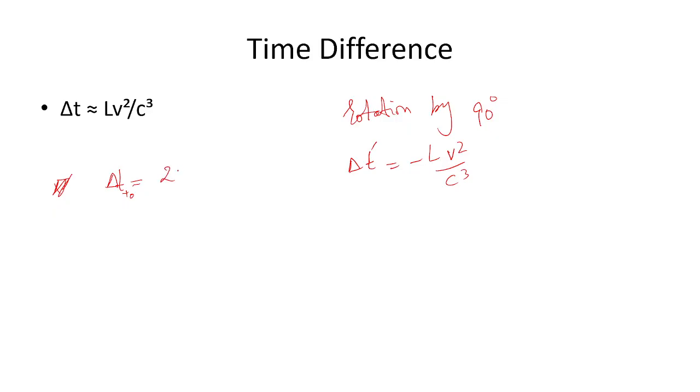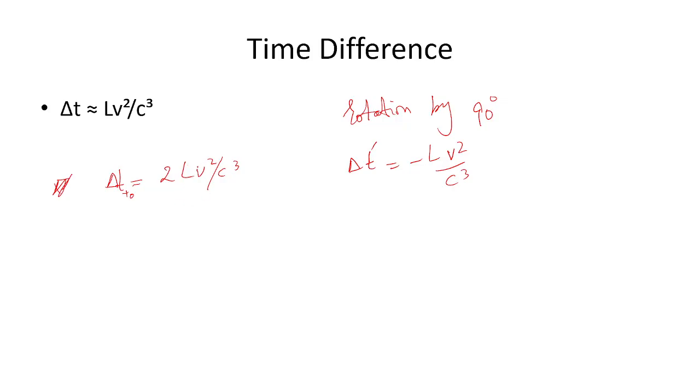So this is 2L V square over C cube. Okay, so this is the total time difference of the beams between two paths.